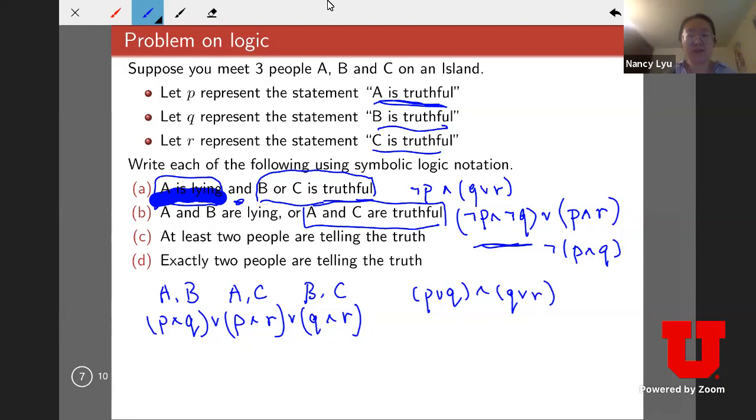I don't think it's gonna work because if P or Q is truthful, Q can be truthful. And for the second one, Q or R is truthful, Q can also be truthful. That would be Q and Q. So now at least two people are telling the truth. Does that make sense?